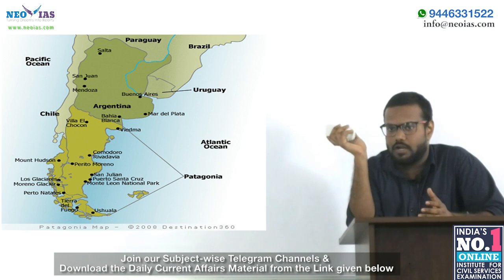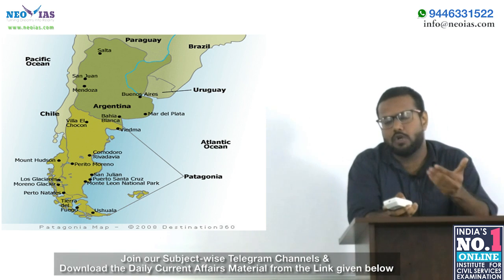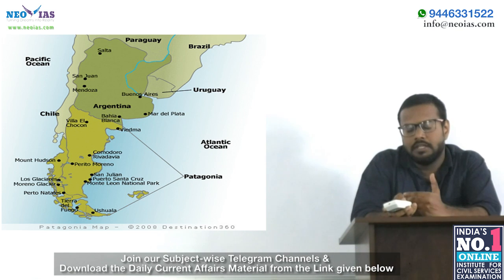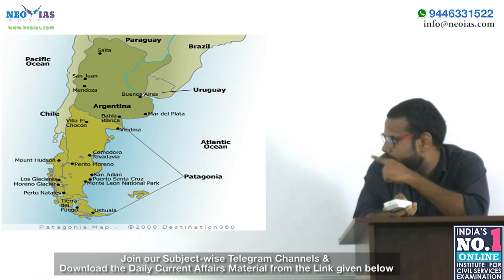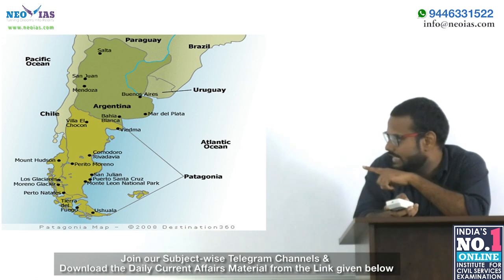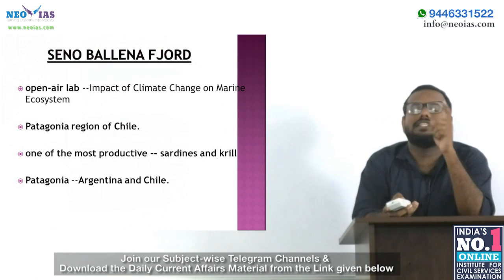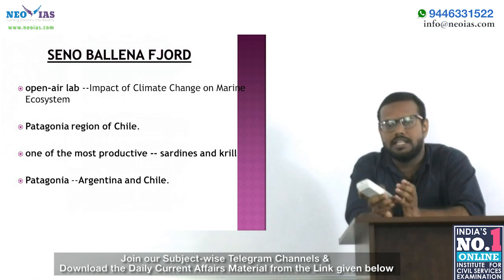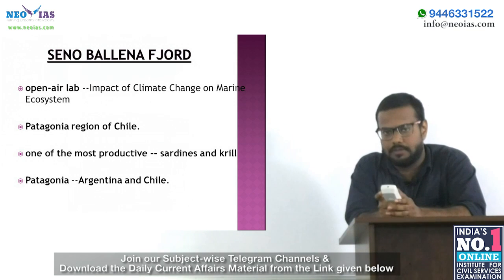The Patagonian region is a sparsely populated region at the southern end of South America, shared by Argentina and Chile. It is represented in the greenish yellow color. And this fjord is in the Patagonian region of Chile. This fjord is considered one of the most productive marine habitats in the world.